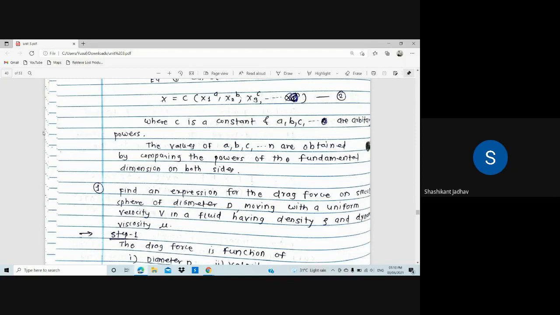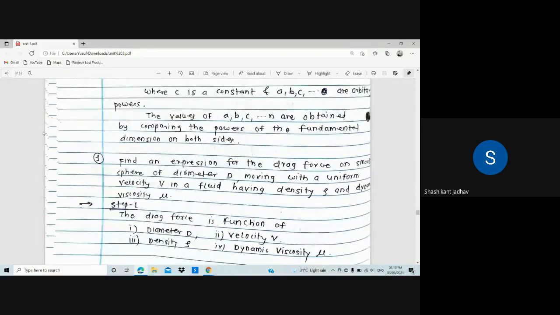Write on the next line: the values of a, b, c up to n are obtained by comparing the powers of the fundamental dimensions on both sides.